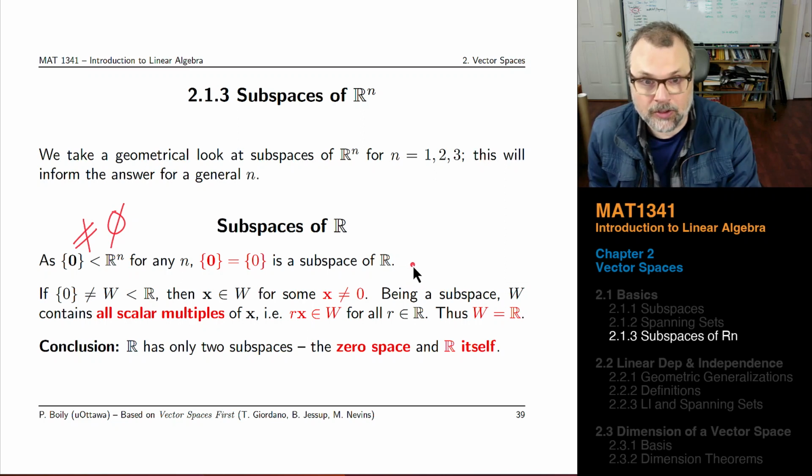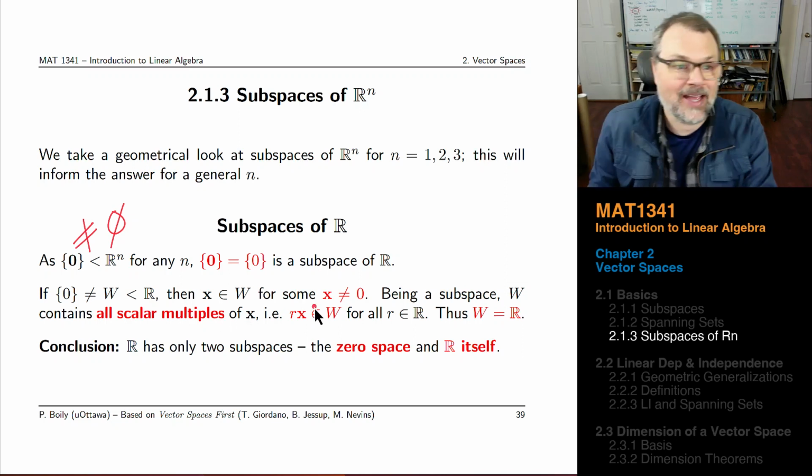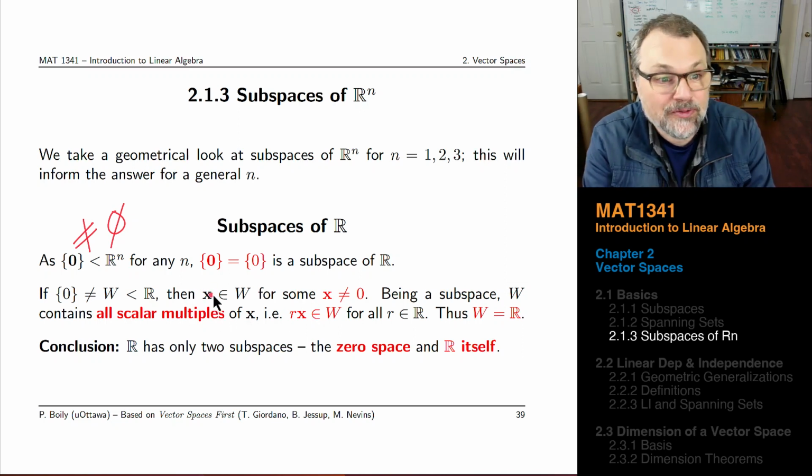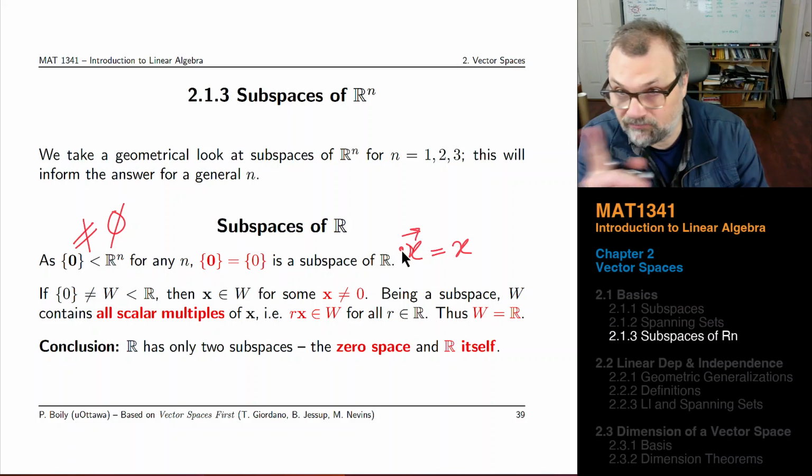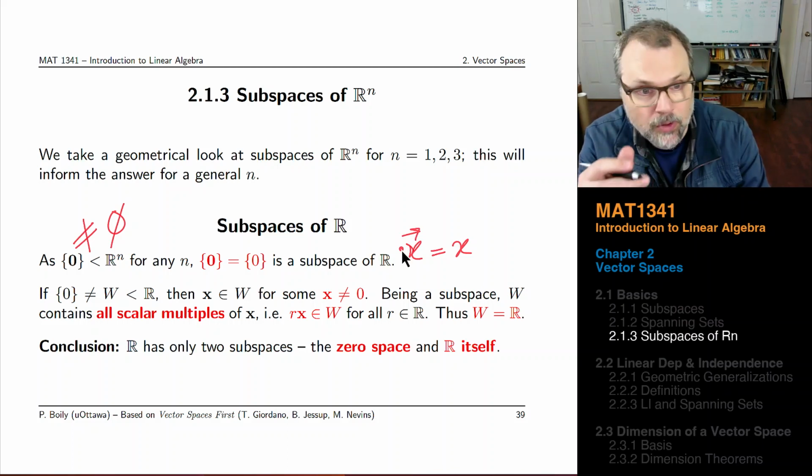In particular, it contains every scalar multiple of that X. Now, X here is written as though it was a vector, and it is, but it is also an actual number X, because the vectors in R are just scalars. They're just tuples with only one component.